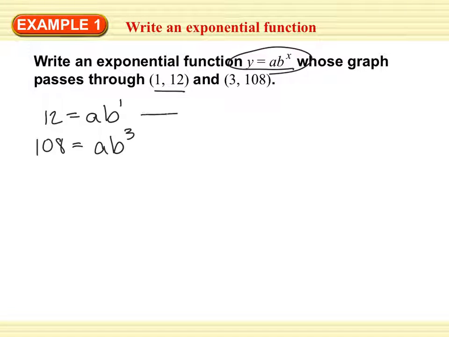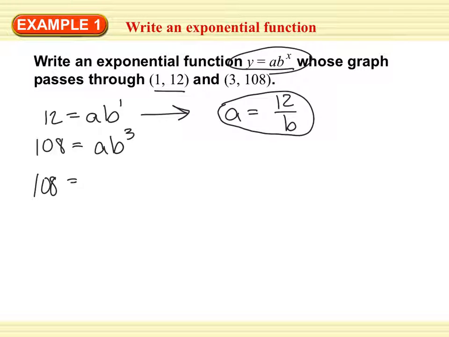So let's solve this equation for a. a equals 12 over b. I could say b to the first power, but that's silly. I don't have to do that. So now I'm going to take what I solved for in the first equation and substitute it into the second equation. So I have 108 equals, instead of a, I'm going to write 12 over b, times b to the third power.